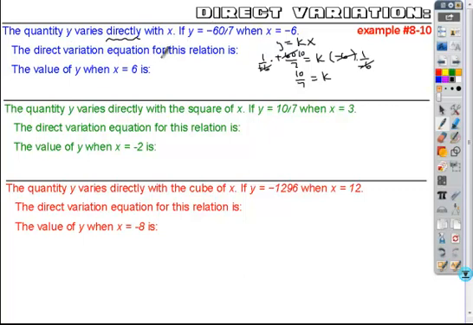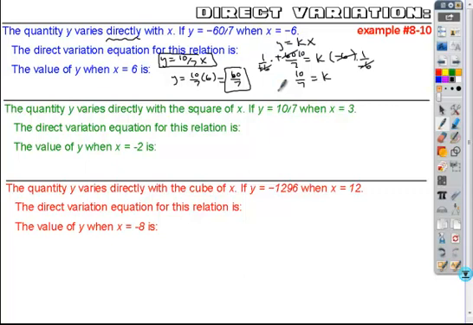So my first answer is y equals 10 over 7 x. The second part is to evaluate when x is 6. When I substitute that in, I get y equals 10 over 7 times 6. Nothing cancels, and so my answer is 60 over 7. Those would be my two solutions.